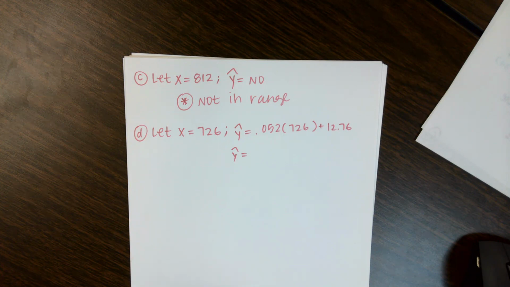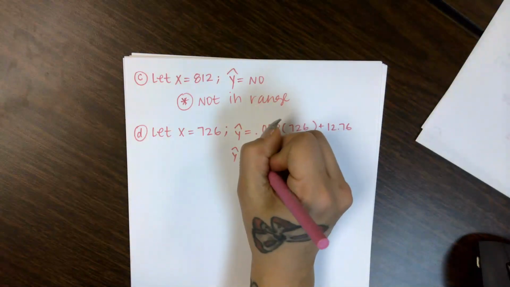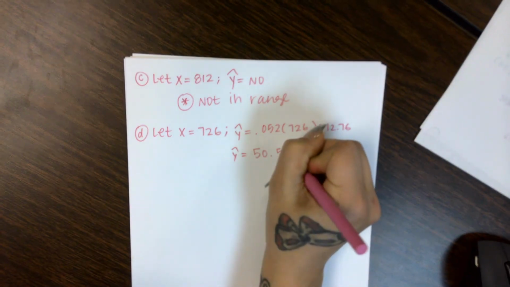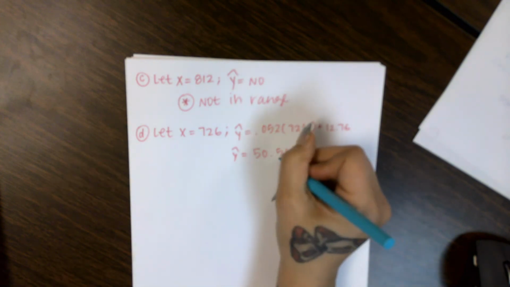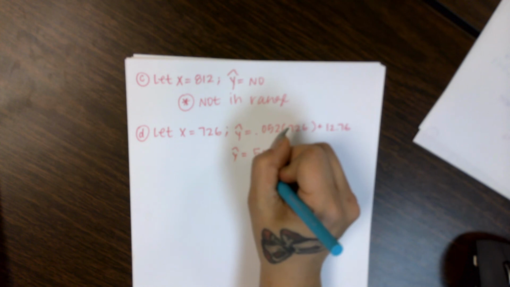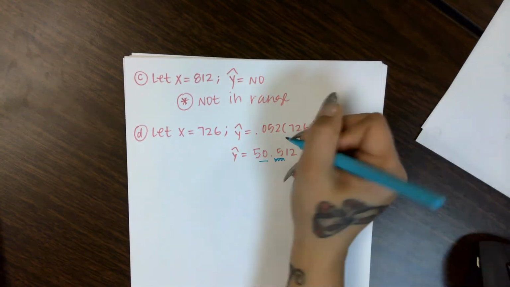Sorry, I typed the wrong number. I did 625, not 726. Okay, so I get 50.512. I need to round this to the whole number, so I look at my tenths place.